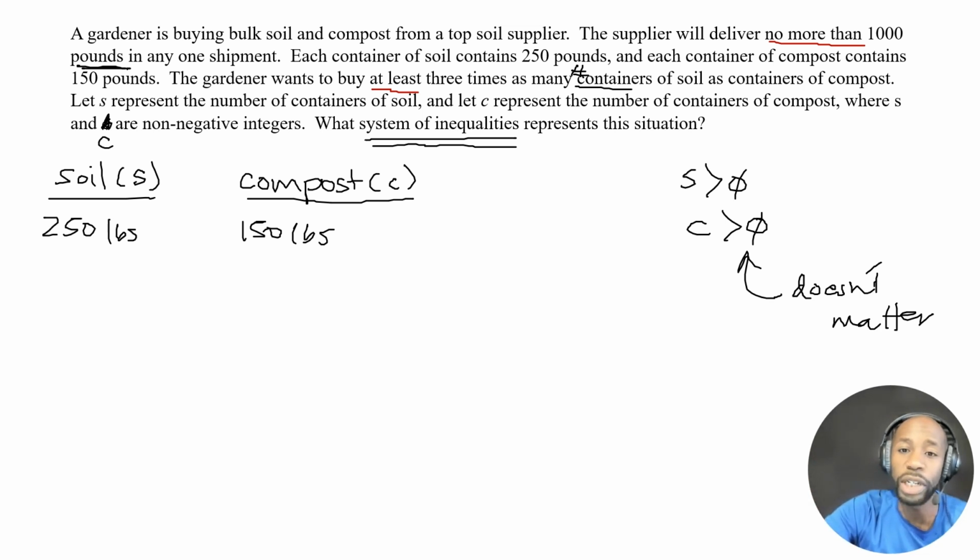The supplier will deliver no more than 1,000 pounds in any one shipment. So the gardener is buying soil and compost, but the supplier is not going to deliver any more than 1,000 pounds. Let's think about that.